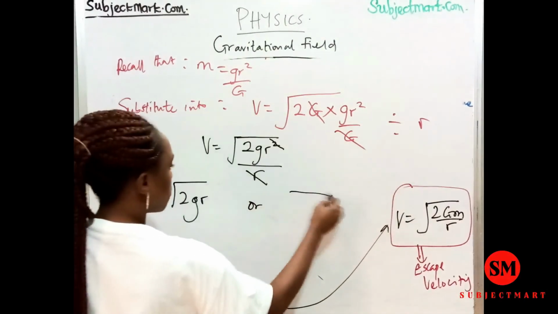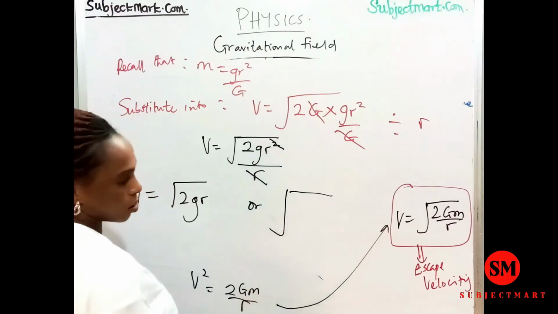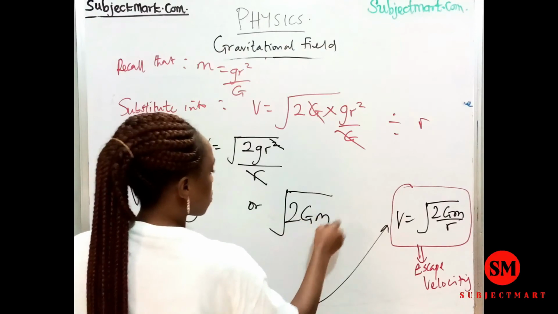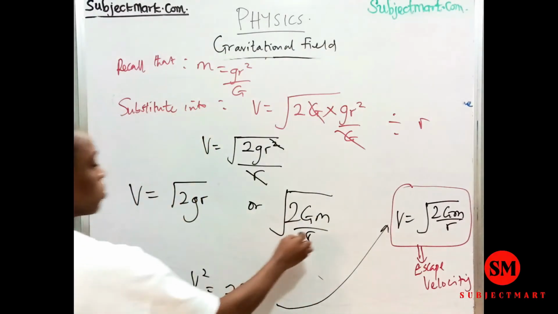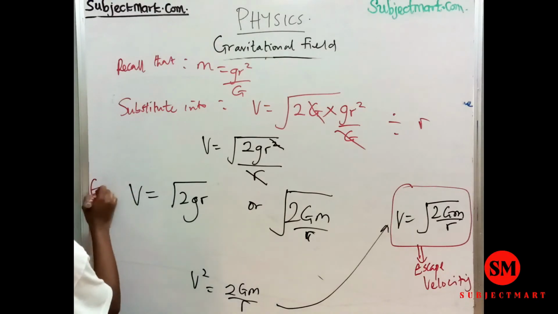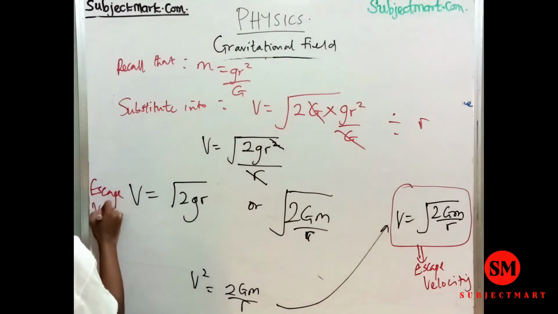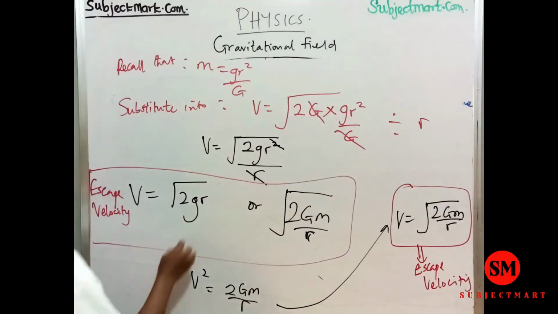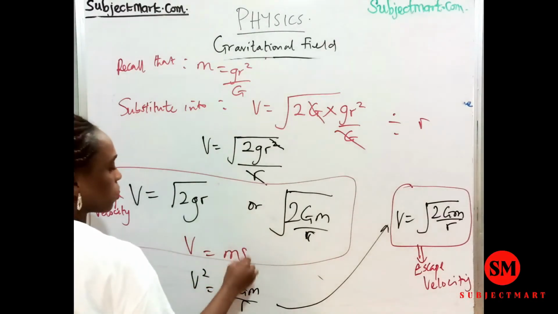Or in the case where you are given the mass, you could use this. So escape velocity is giving us this. And of course, it's measured in meters per second.